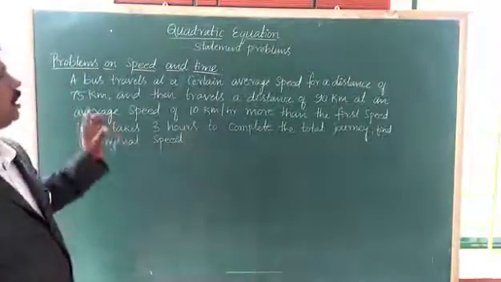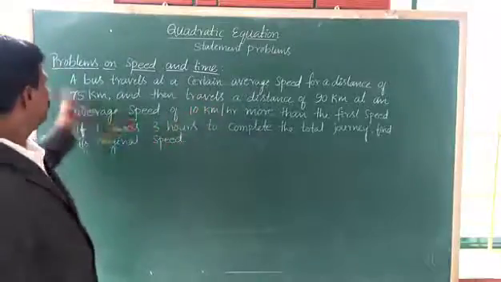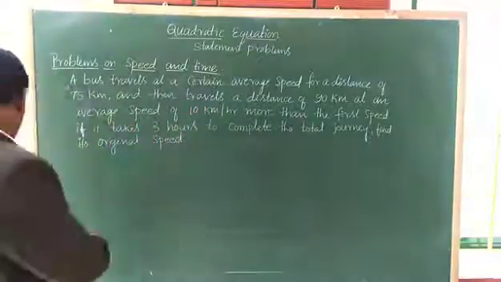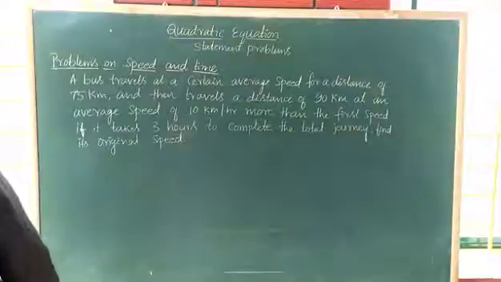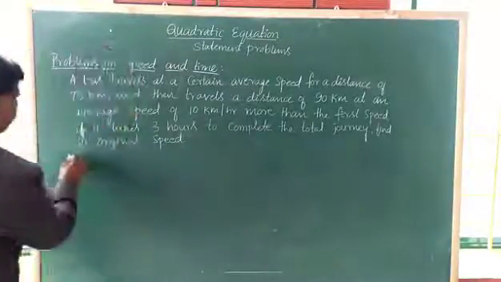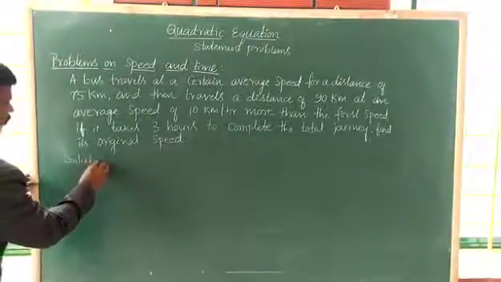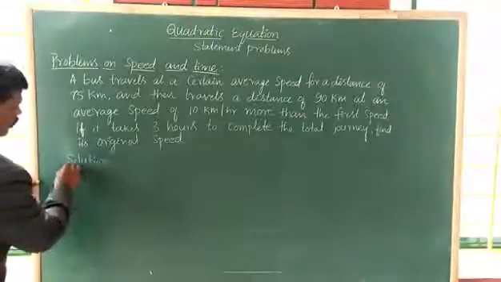Clear? Now here a bus travels at a certain average speed to cover a distance of 75 km. Here two things. One is 75 kilometers. Solution.